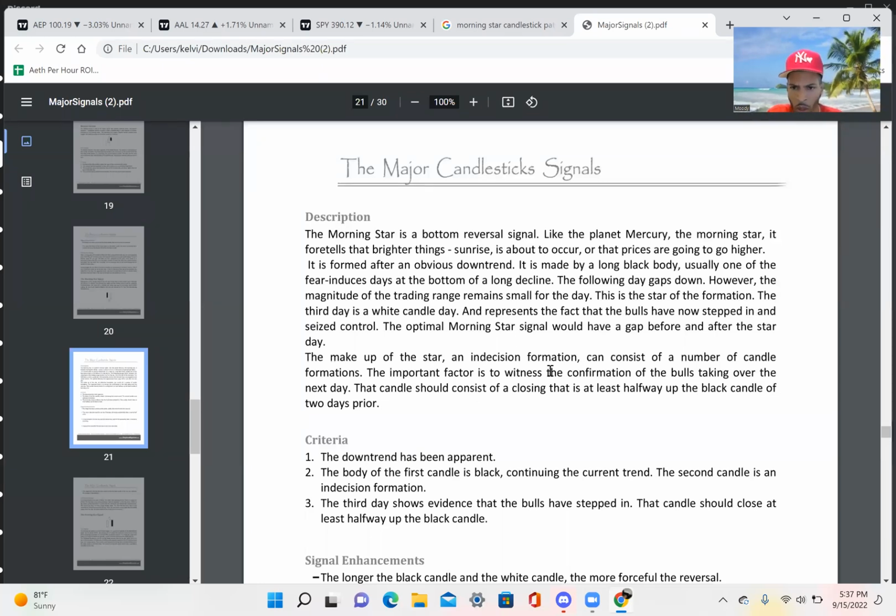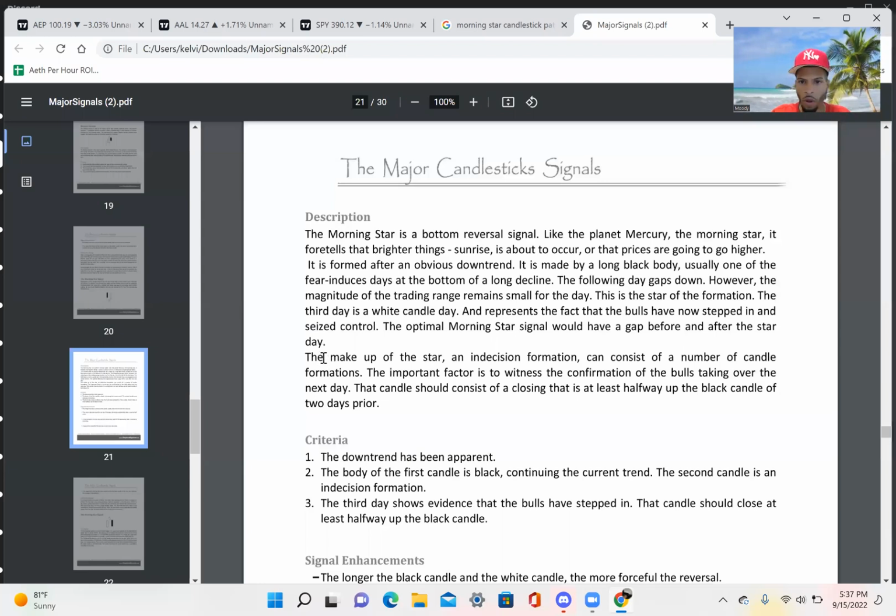So I lost my place. Where was I? Formation. The third day, because it's a three, and it doesn't have to be the third day. They're talking about a daily chart, because it's a 3 candle setup, just like how the Strat has a 2 candle setup and a 3 candle setup. I'm going to show you how it follows along with the Strat.